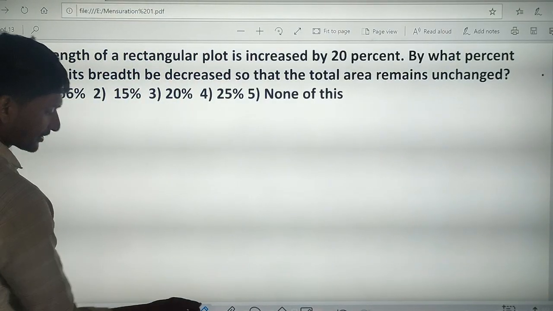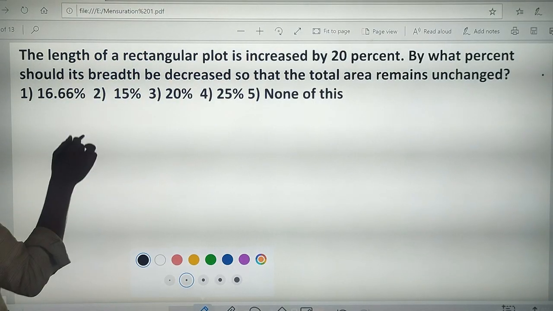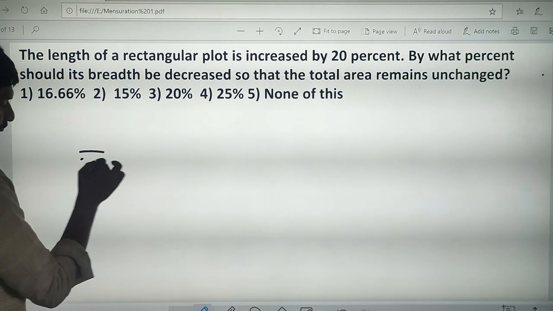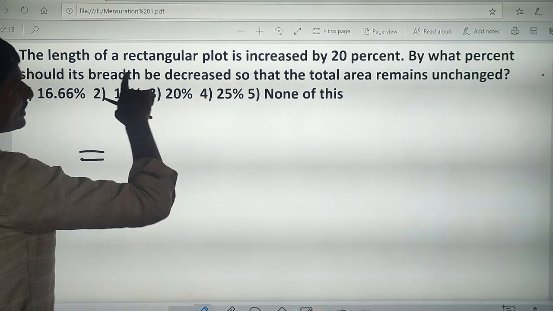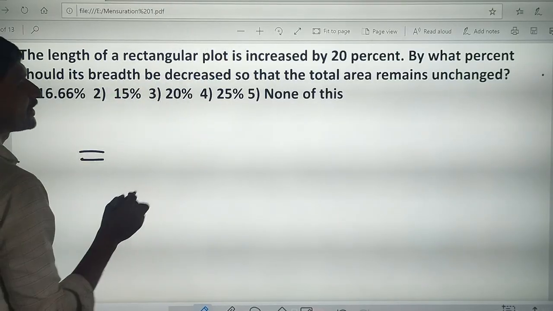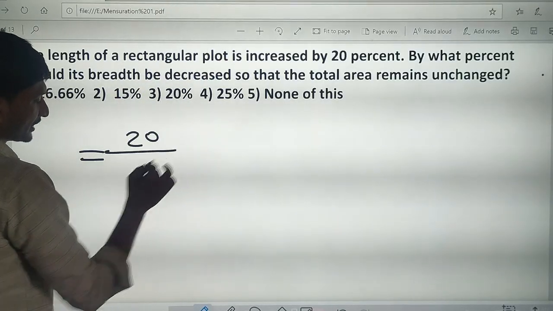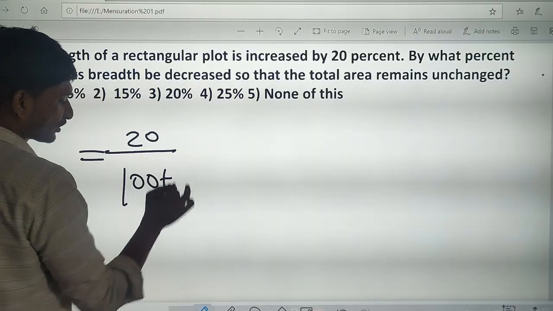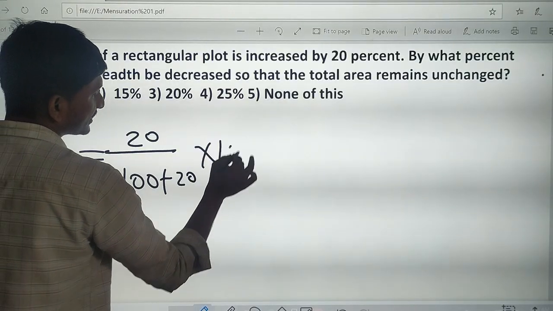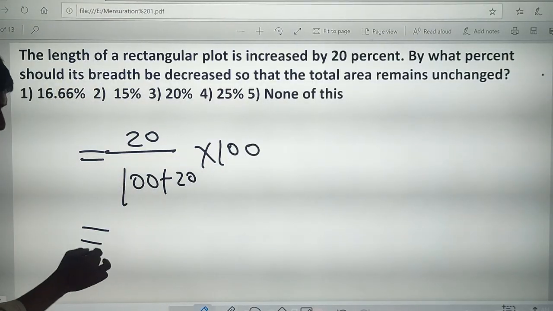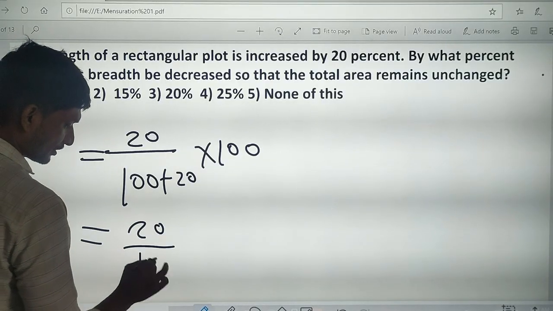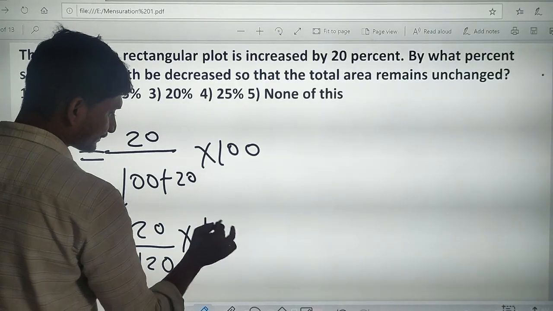This is calculated by a formula. Here your length is increased by 20%. Then 20 divided by 100 plus 20, into 100%. That is, 20 divided by 120 into 100.